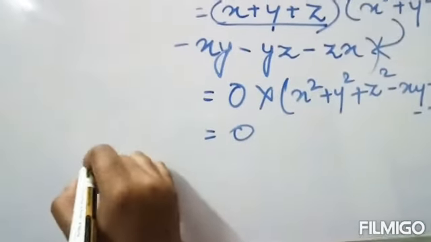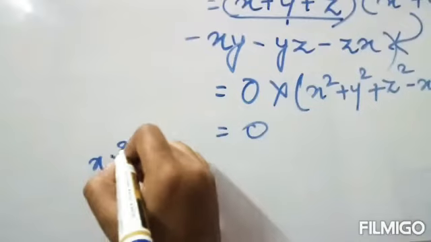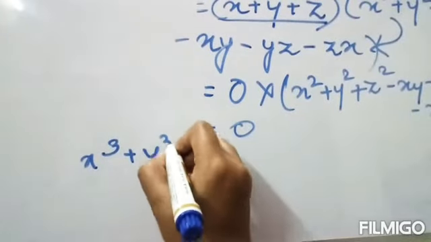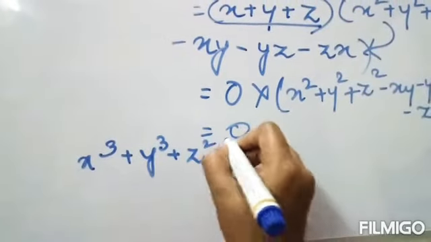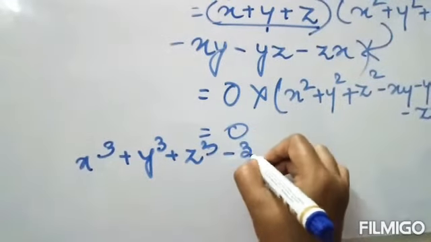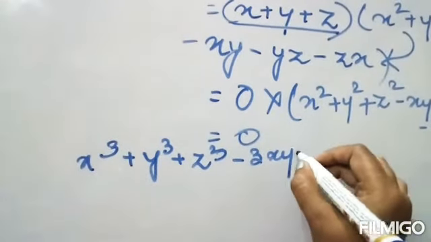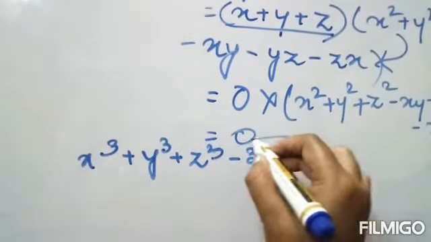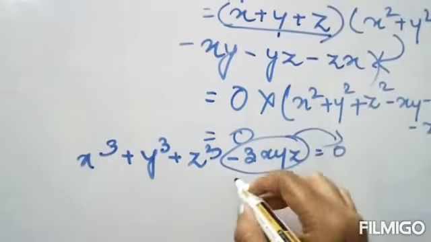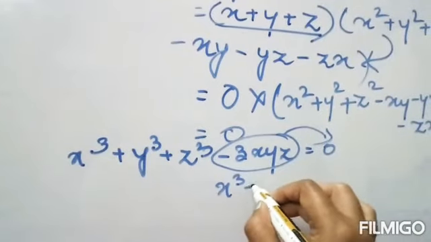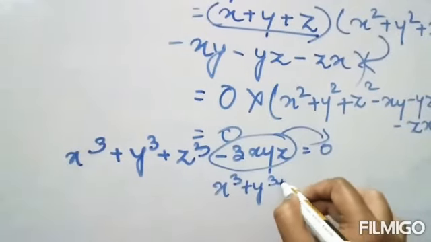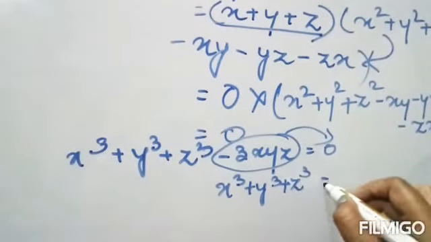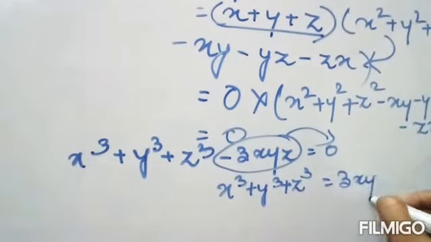So we can say x cube plus y cube plus z cube minus 3xyz is equal to 0. Or if we take this term to the other side, we can say x cube plus y cube plus z cube is equal to 3xyz.